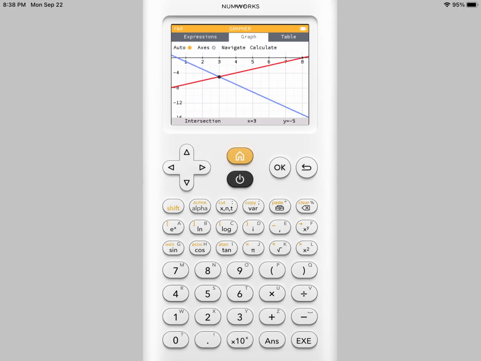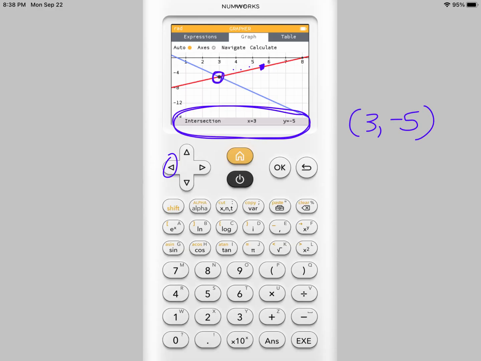Your dot may be somewhere like right here, and you're going to have to hit these arrow keys to get it to be right there. When it is exactly where the red and blue lines cross, it tells you the intersection. So the x is 3 and the y is -5. Those two equations cross at 3, -5.